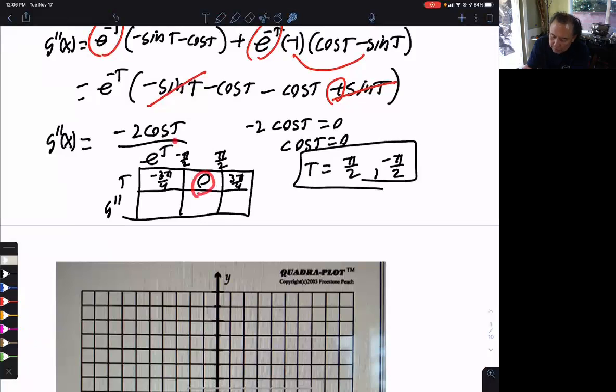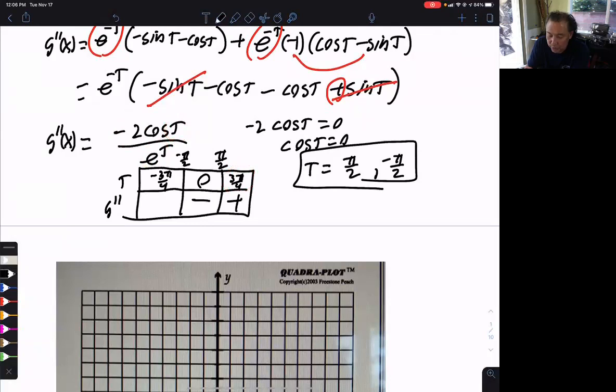So cosine of 0, that's 1. That's going to be positive. So negative 2 over positive is going to be a negative. So we know it is concave down in that region. 3 pi over 4. Cosine of 3 pi over 4, that's definitely negative because I'm in the second quadrant. Negative times negative is positive. Over positive is going to be a positive.